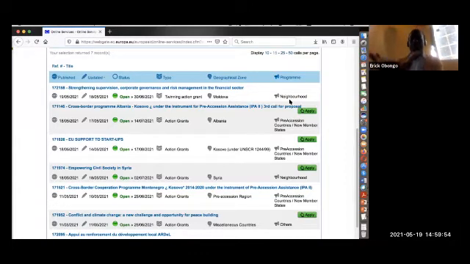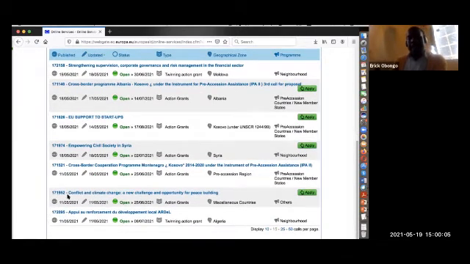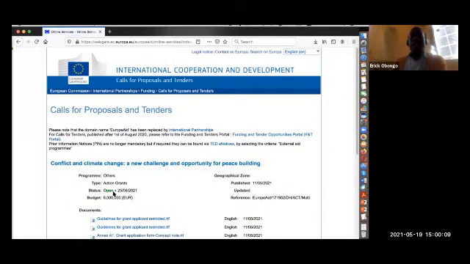When you want to check what a code entails, you go to the specific code. For instance, let's go to this one, 171952. When you click on it, it takes you to the interface which has the finer details of the call. As you can see, there is the program, it focuses on others.